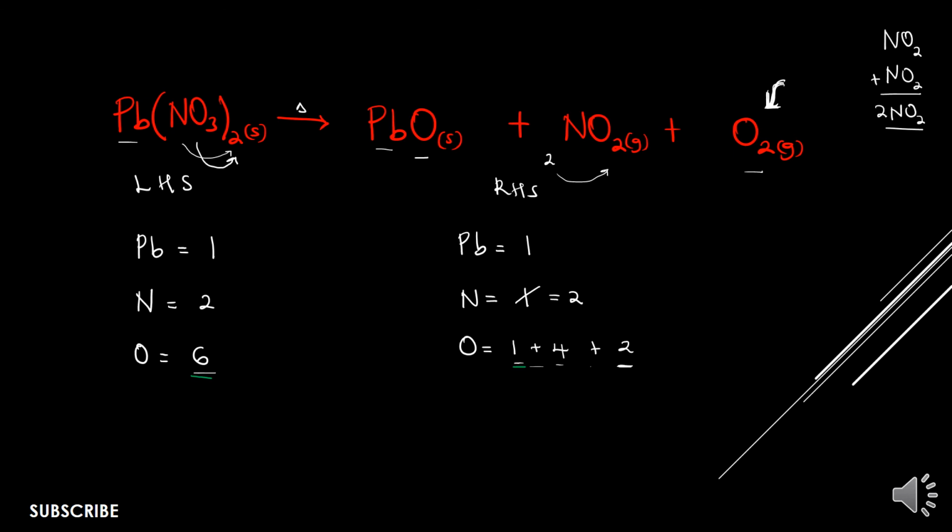However, I can't change the oxygen atoms in lead oxide and nitrogen dioxide. The best I can do is to change those from the oxygen molecule, this one here. So if I can multiply this by a fraction like a half, I'll then be having 1 plus 4, that is 5, plus 1, because 2 times a half is 1. Then I'll have 6, it will have balanced.